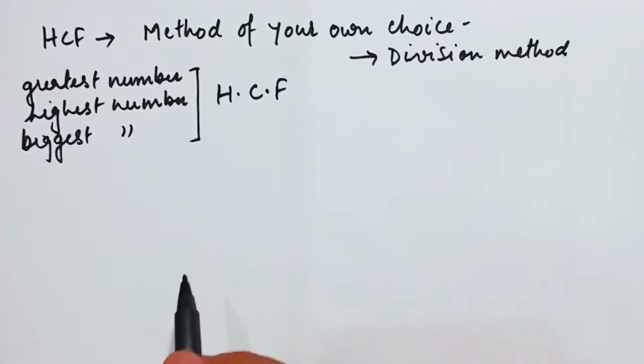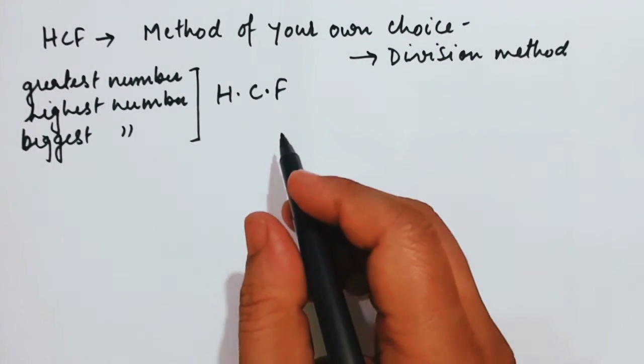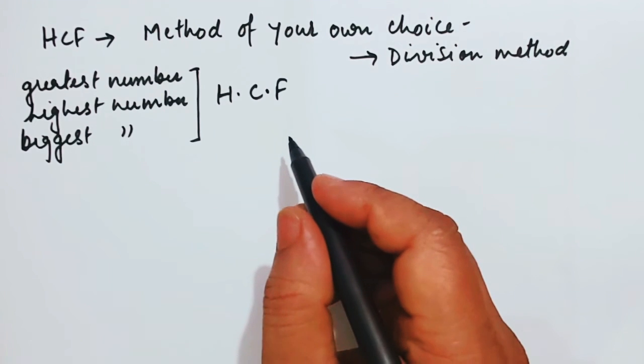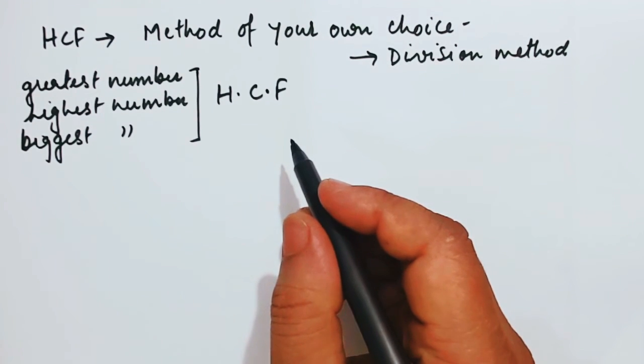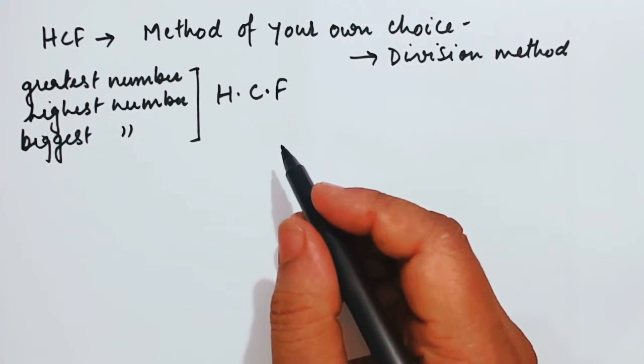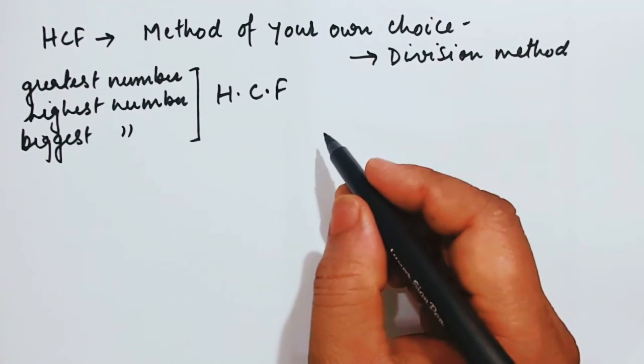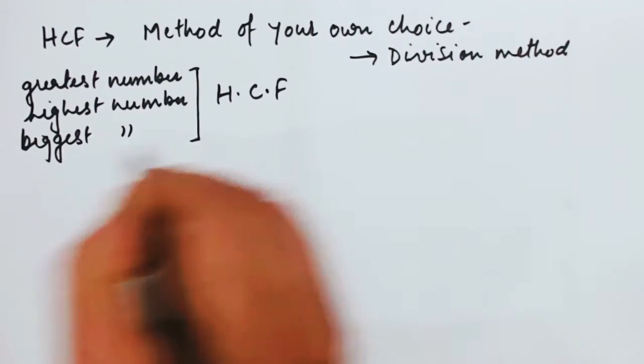Therefore every time they will not give you find out the HCF of the numbers. They might give you find the greatest number, the greatest common number or greatest number that divides each of the numbers. For example, let us talk about question number 5.